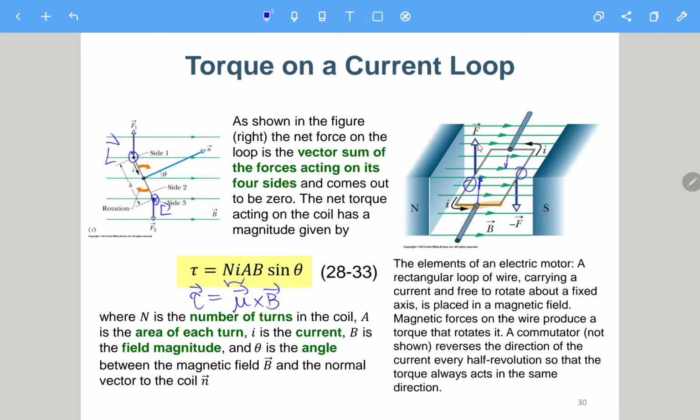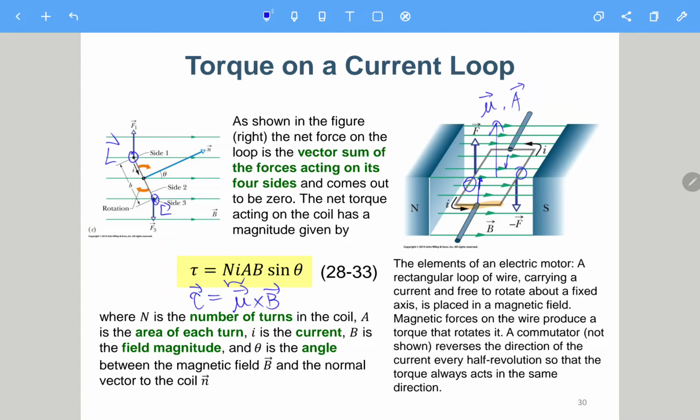And this is the loop. So we have the cross section area to be A. And then we can also consider the direction of this area to be something like this. This is the direction of mu, or the direction of A, following the right hand rule, because here the current is going counterclockwise.